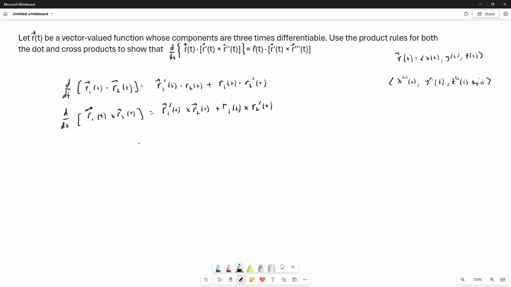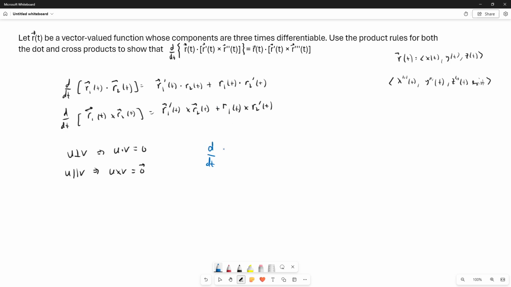Now in our computation, we're also going to use the fact that if u and v are orthogonal, then that means that u dot v is equal to 0. And if u and v are parallel, that means that u cross v is the 0 vector. Okay, so let's begin our derivative here and see what happens.